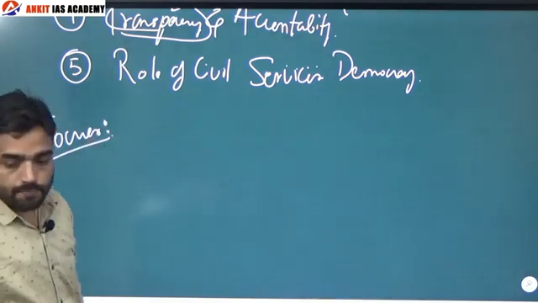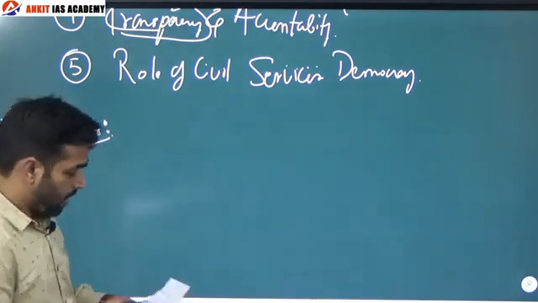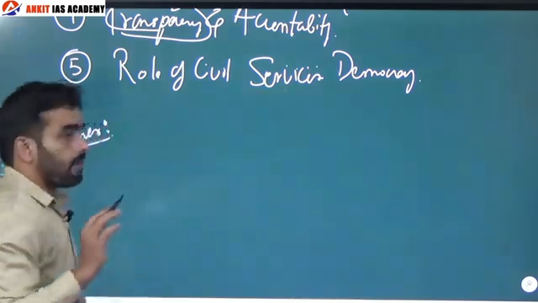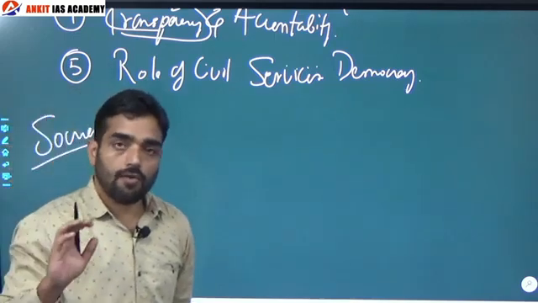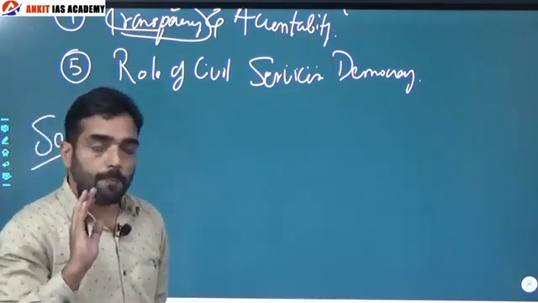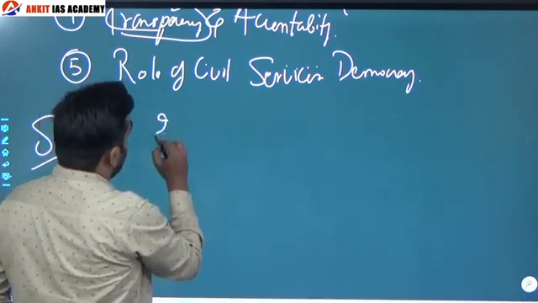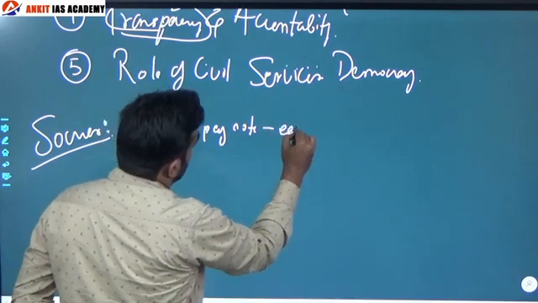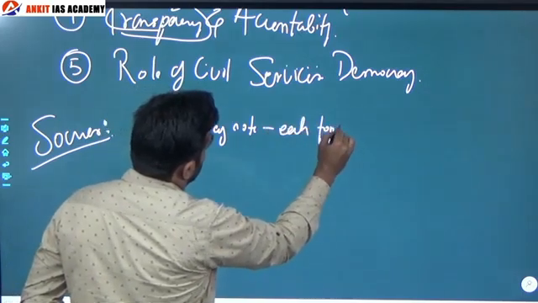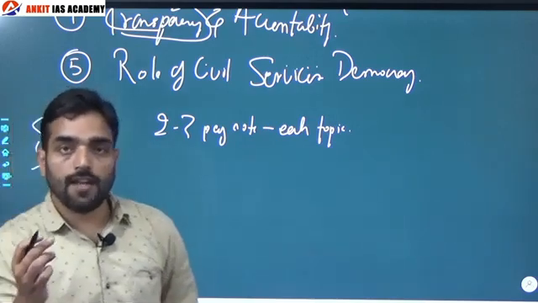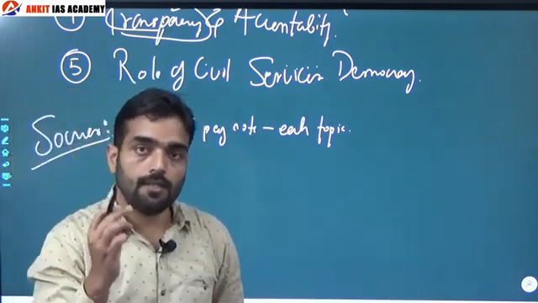the strategy to prepare for the social justice and governance part is that, first, you should Google it, or wherever you find a source for this syllabus part, prepare a 2-3 page note on each topic. Let's say, for example, NGOs, then you will see FCRA within the NGO topic.